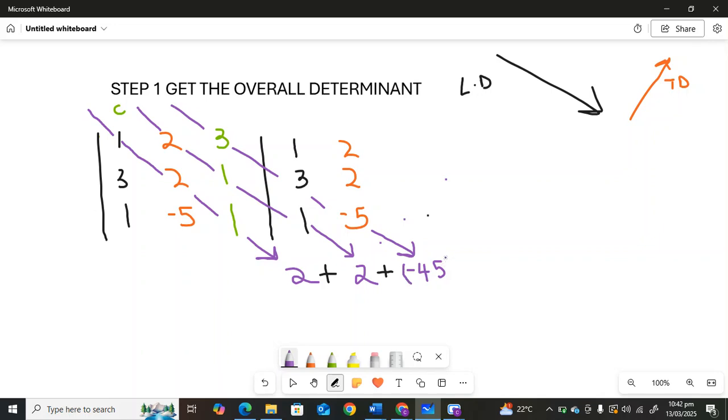Any questions, colleagues? So 2 plus 2, that is... a question? Ask.